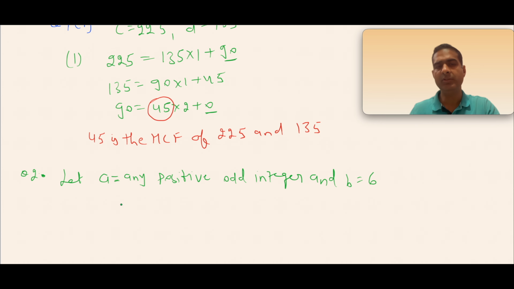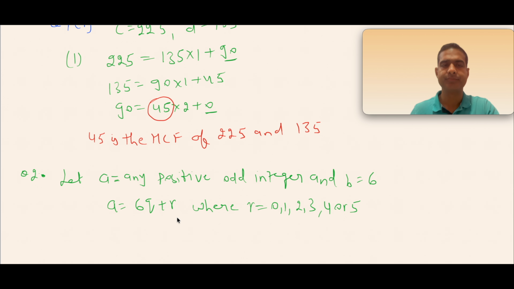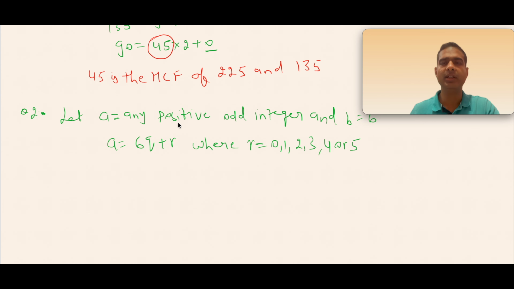According to Euclid's division lemma, we can write a is equal to 6q plus r, where r can be 0, 1, 2, 3, 4 or 5. These are the only possibilities for r, because we do not know what a is. So depending on the value of a, r can be 0, 1, 2, 3, 4 or 5. So now there are 6 possibilities for r, and we know that a is any positive odd integer.